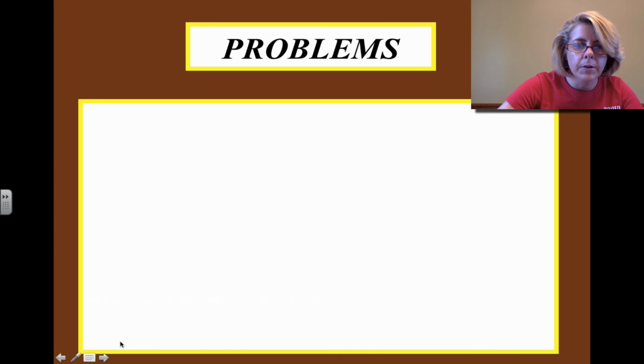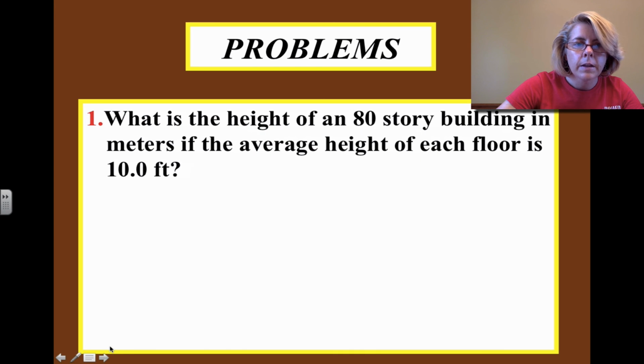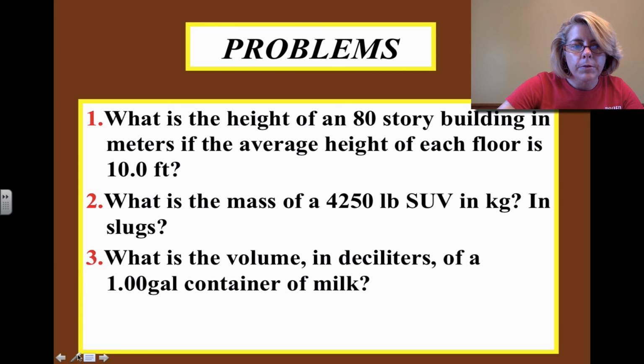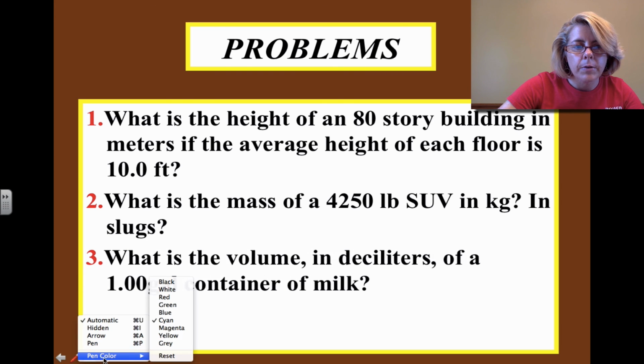All right, so I have a series of 3 problems that I want you to do for homework. And let me give you some conversion factors because you're going to need them in order to do these calculations.